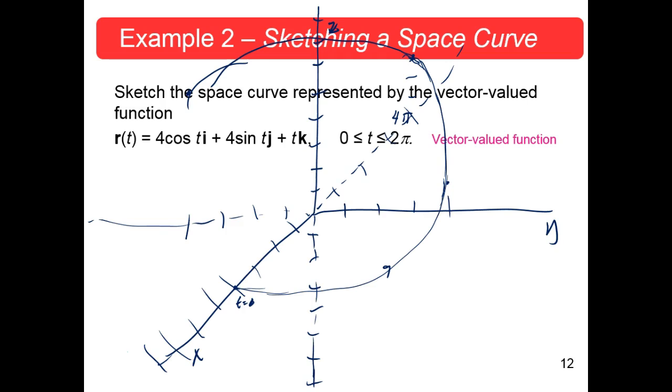And then what would be when t is equal to 2 pi? Okay, you're back to right here, only now you go up. It's 4, 0, but now 2 pi is about 6.2, 6 1/4.